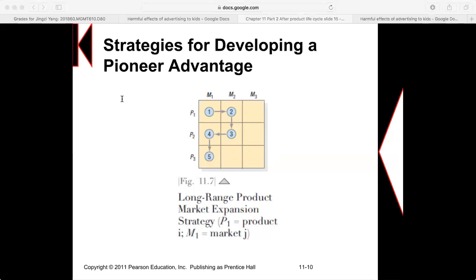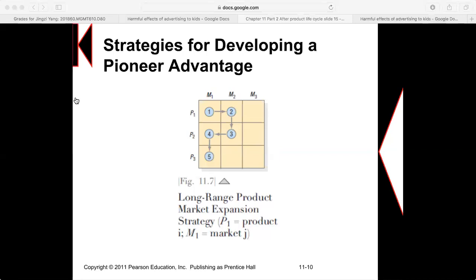The pioneer should analyze the profit potential of each product market singly and in combination and decide on the market expansion path. You have to figure out where the market is going and what areas you want to expand into. This is part of the strategy they had to come up with.